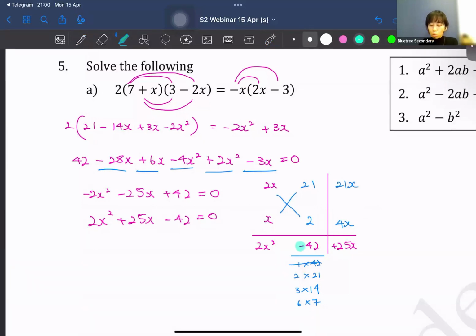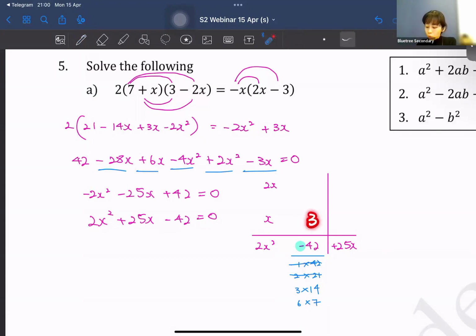The negative sign need to go to either of these factors. So if I were to negate either of these factors, I will not get 25x. So that means to say that this pair of factor looks correct, but it's actually wrong. So don't get tricked by that. So that means to say my second pair of factor is out. Try your third pair.